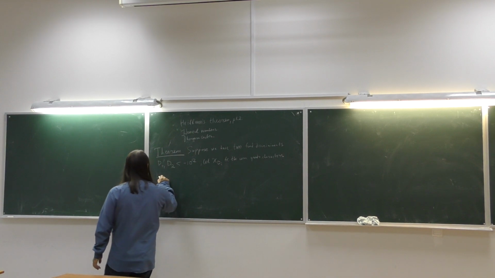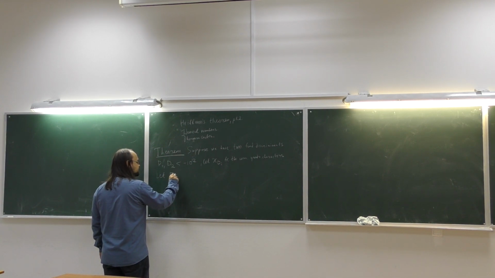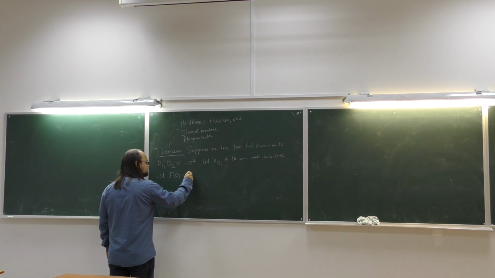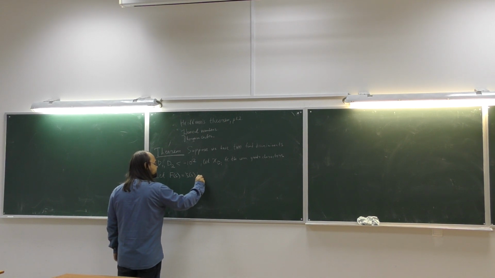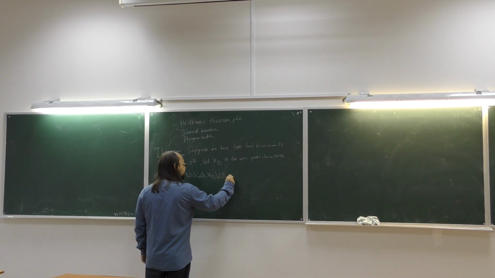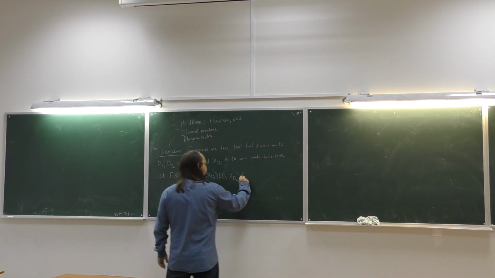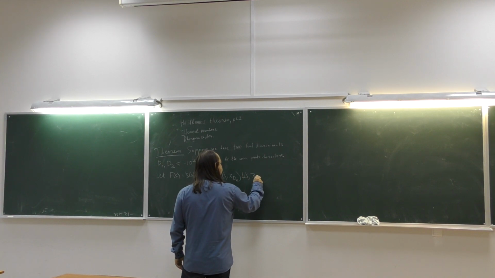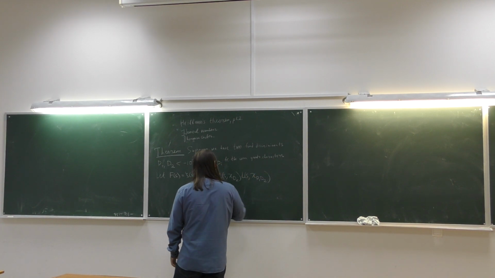Let f of s be the following function: zeta of s multiplied by L(s, chi d1), L(s, chi d2), L(s, chi d1 d2).